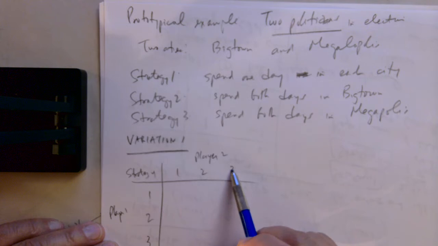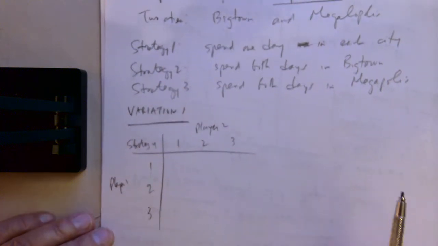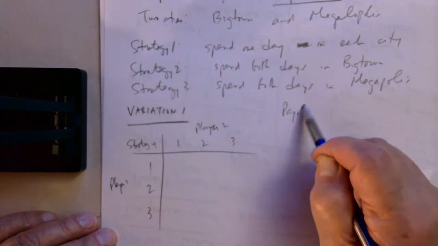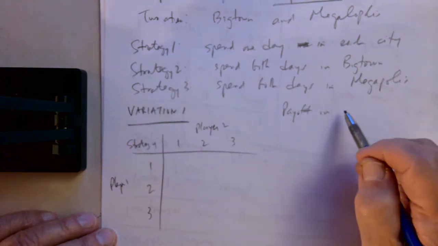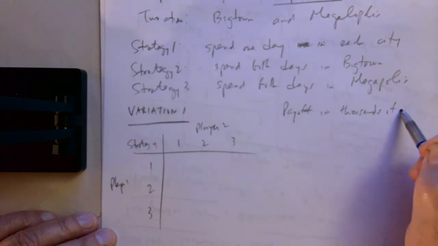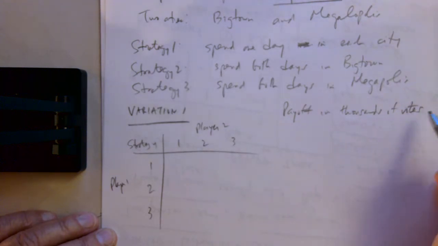Player 2 can choose strategy 1, 2, or 3. And let's say we're going to measure the payoff in thousands of votes gained.